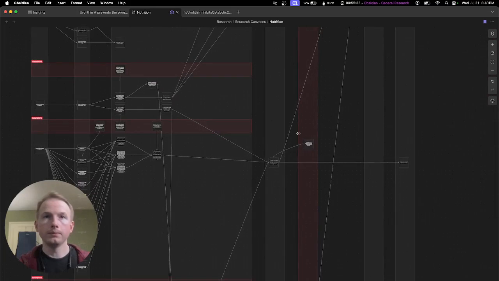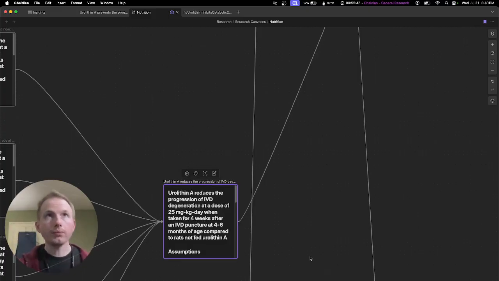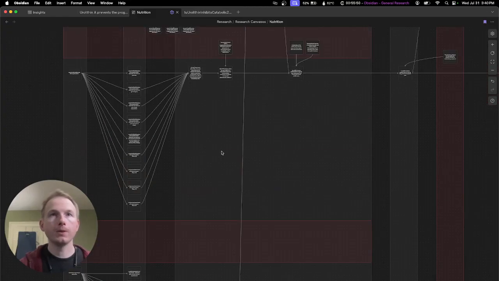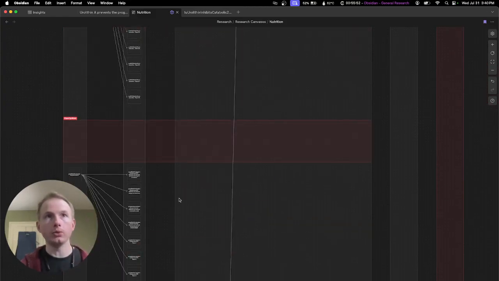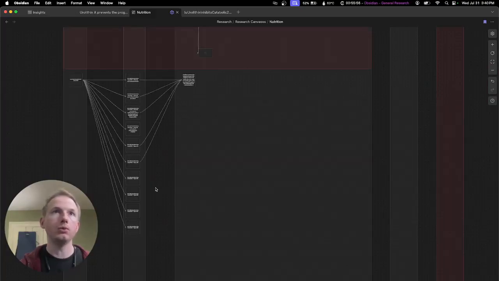And actually, this one needs an assumption about age as well, because these are not fully developed rats. Okay. So derive the insights, group them, and use them.